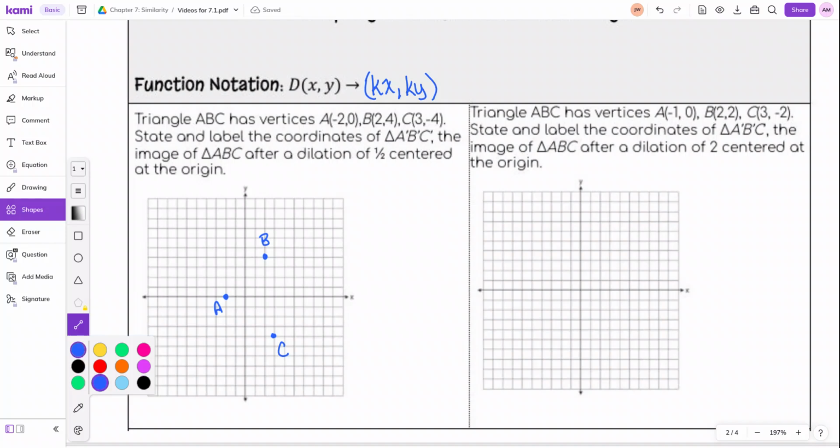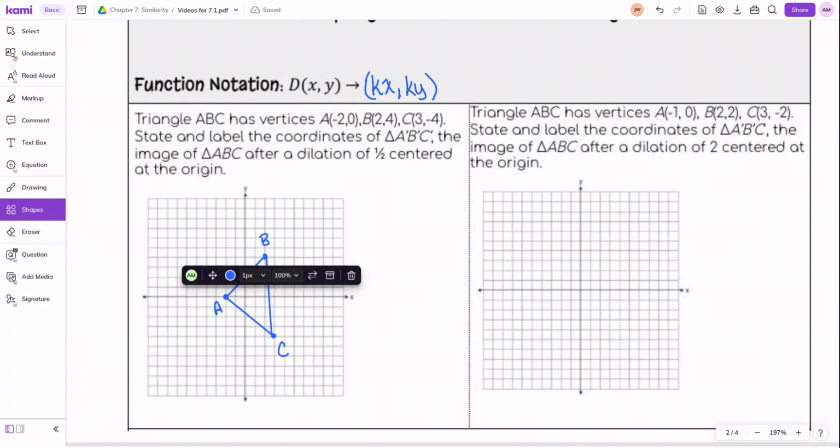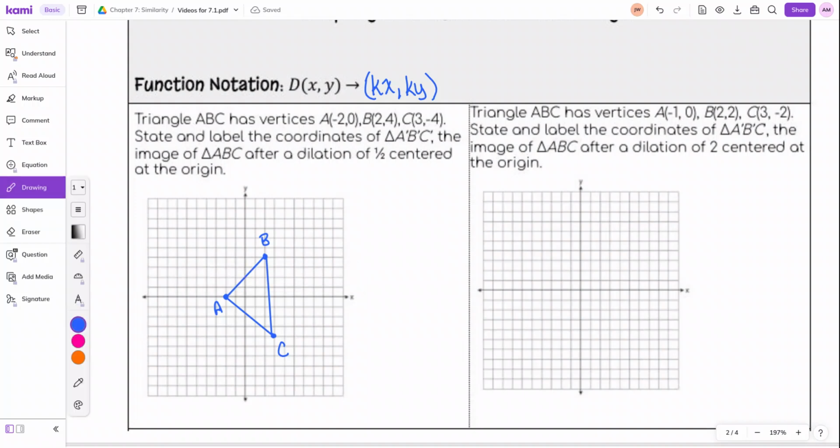We're now going to state and label the coordinates of A prime, B prime, C prime, which is the image of ABC, after a dilation of 1/2 centered at the origin. So because it is a dilation of 1/2, we know that we're going to have a reduction and our image is going to be smaller than our pre-image.